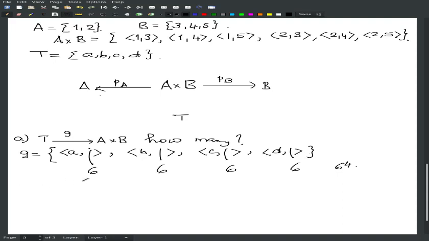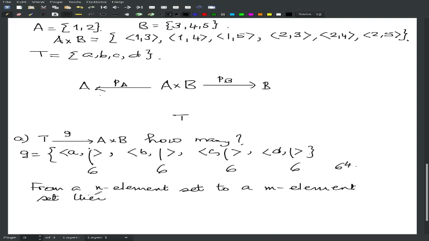So you can actually say that from an n-element set, say P, to an m-element set, say Q, there are m to the power n functions.